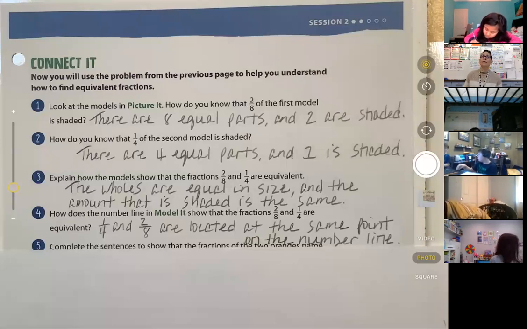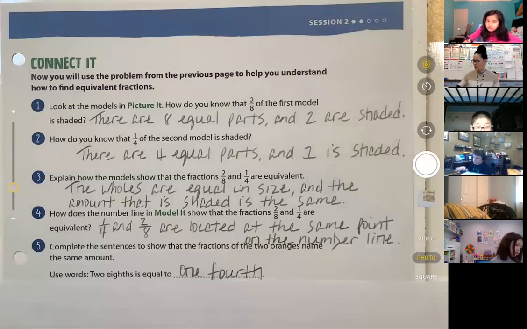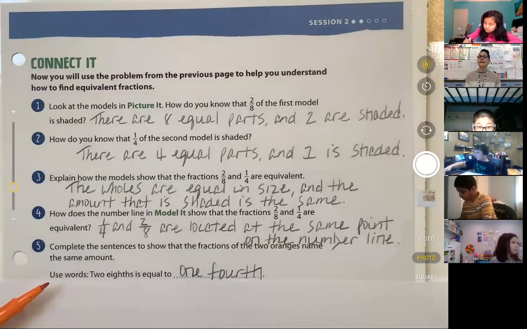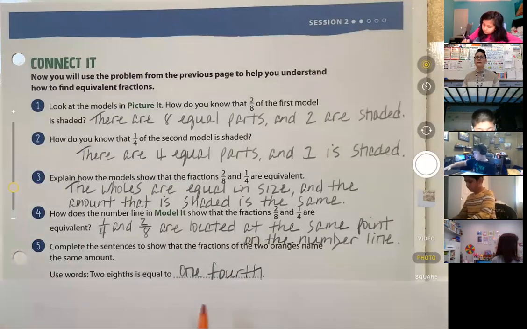And so remember, friends, we also put words to numbers. So if it is ever asking you to do that, use words. If I'm asking you to use words, this is what I'm looking for, friends.